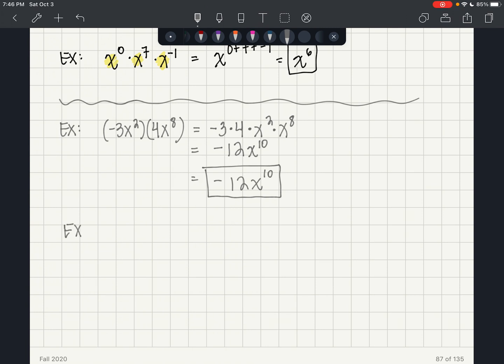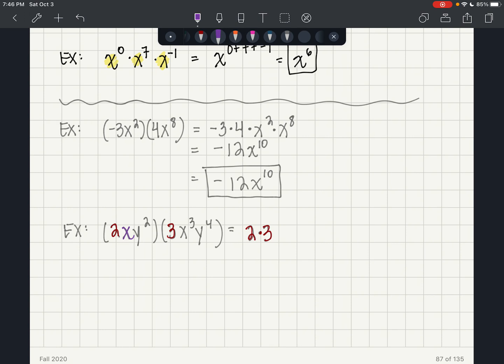Let's try another one of those. 2xy squared times the quantity 3x cubed y to the 4th. Now this is a lot of multiplication, so I'm going to reorganize it. This is 2 times 3. So I've taken the coefficients, 2 times 3.